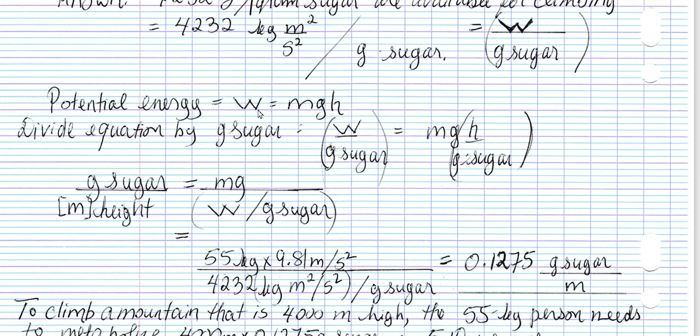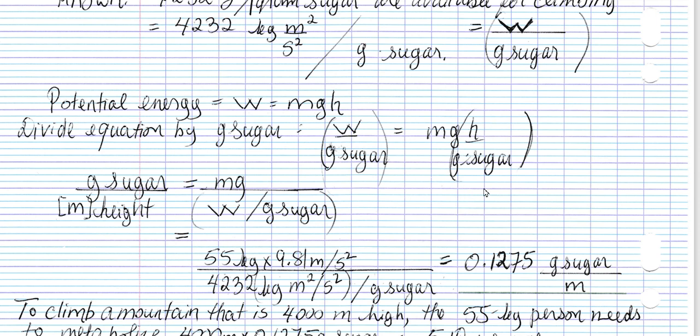So if this equation is simply divided by grams of sugar, because this is what I have, work per gram of sugar is equal to mgh divided by gram of sugar. That's very convenient, because what I would like is grams of sugar per height, in other words, grams of sugar per meter climbed.